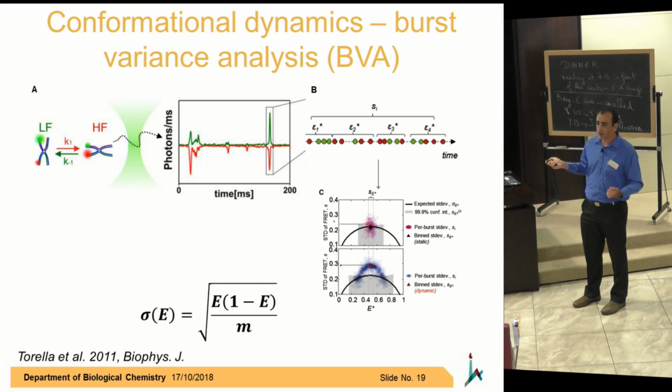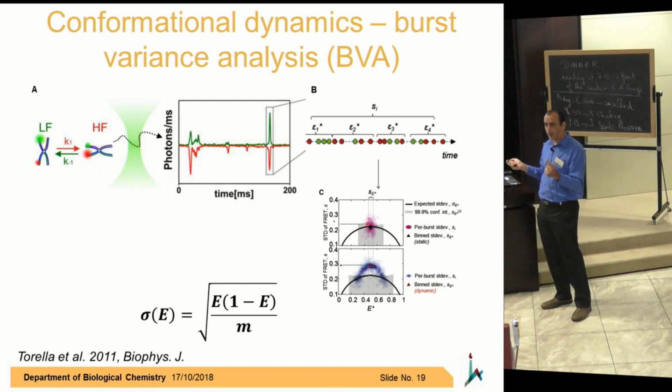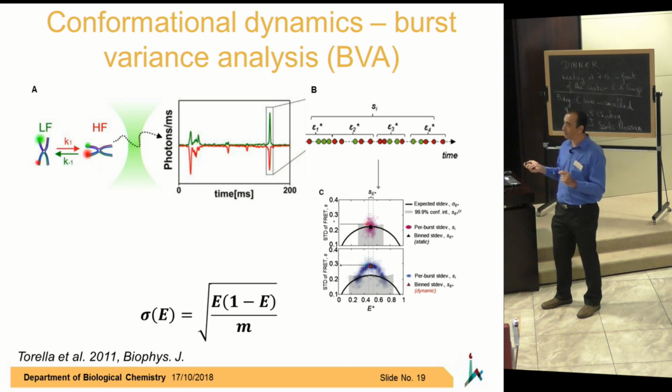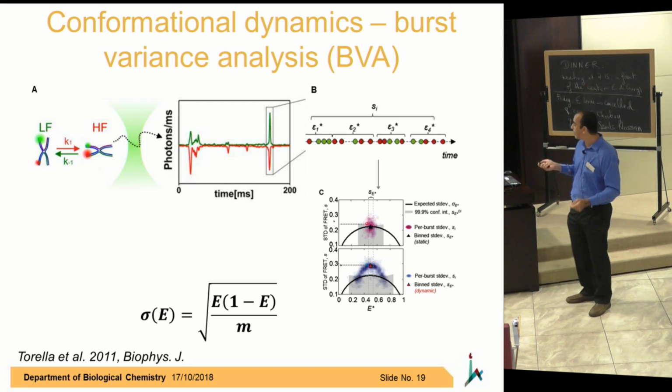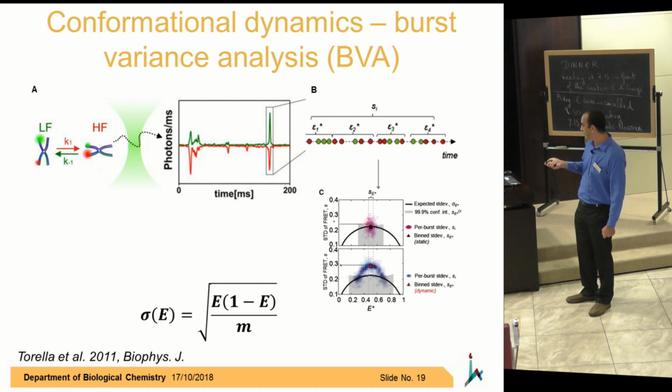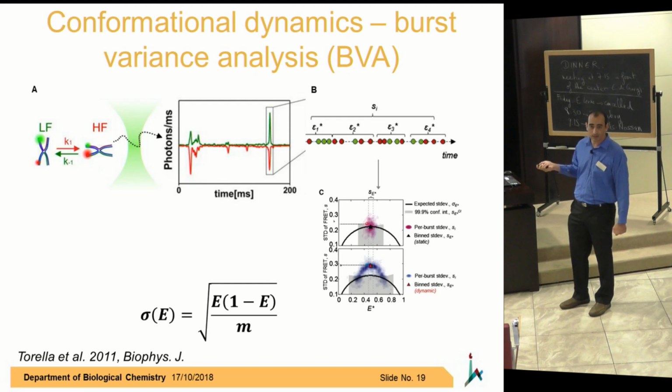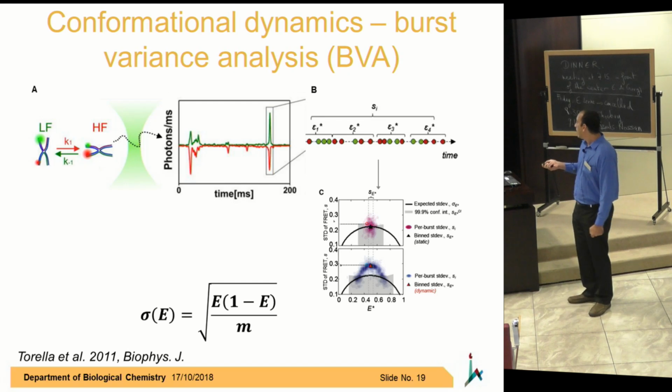If it's one conformational state, then choosing whether you are going to get an acceptor photon is a Bernoulli trial. It's basically a binomial process for each photon, and for all of the photons it's a Bernoulli trial. So you would expect the standard deviation of that, or the variance of that, to behave like the value that you have inside the root here.